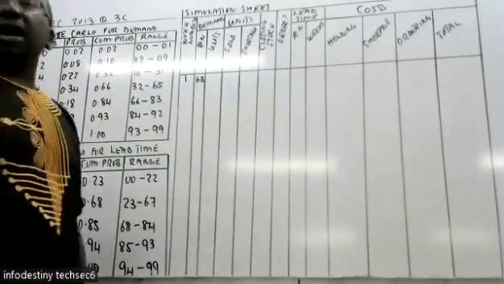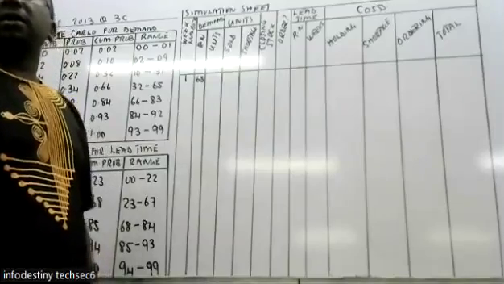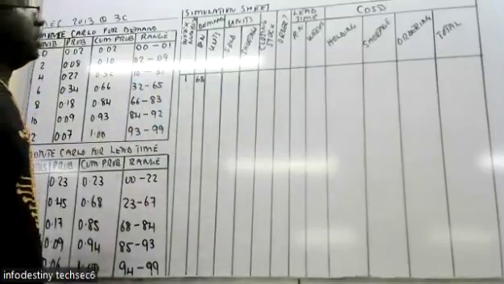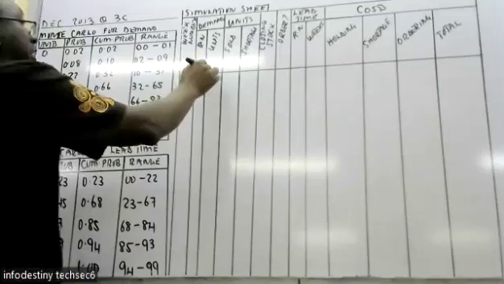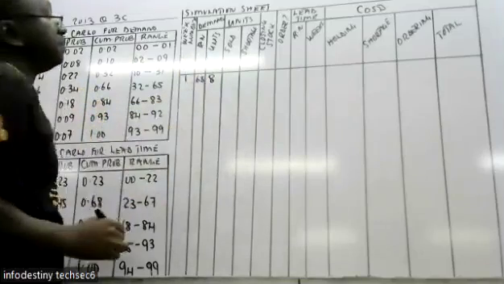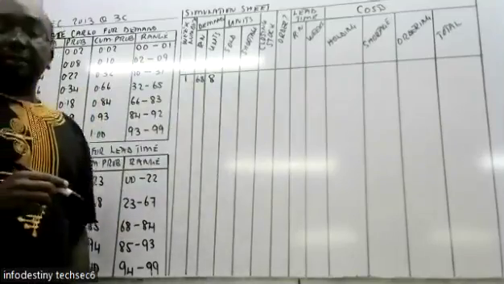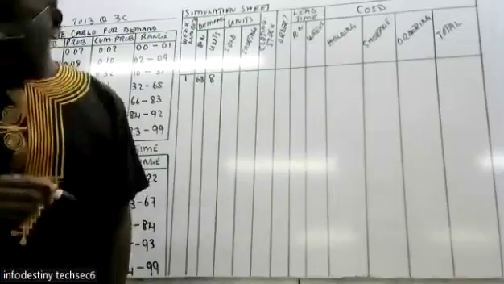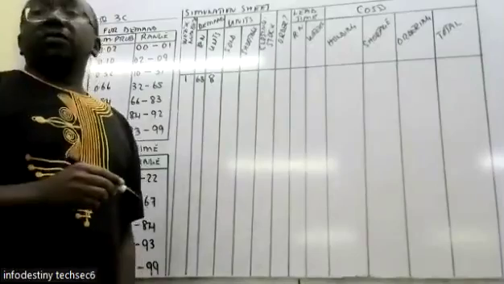I forgot to put a column for opening stock. So the units are 8, but our opening stock is how many units? According to information 5, 40 units.